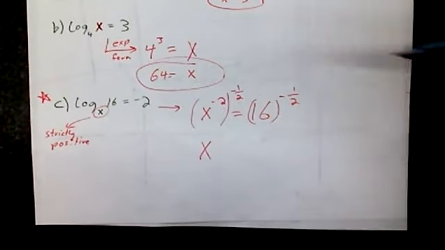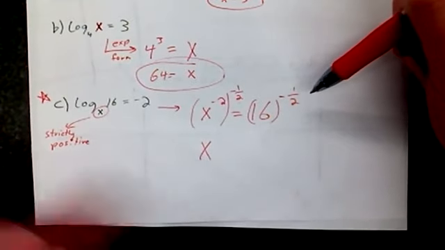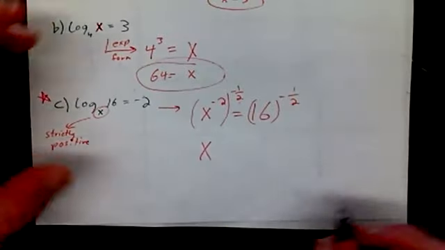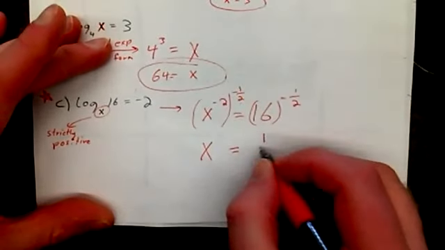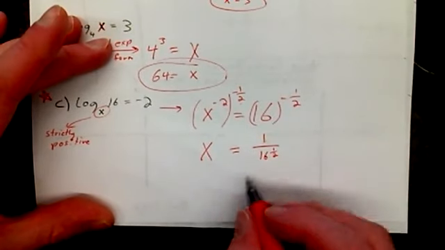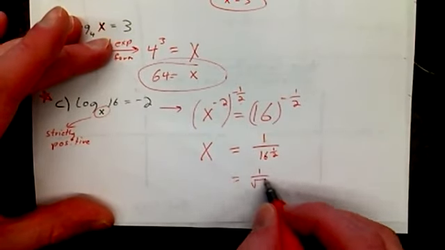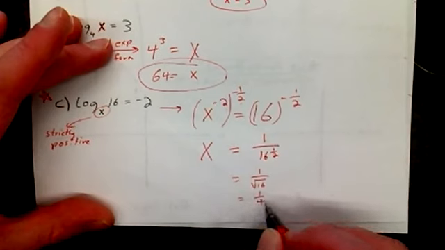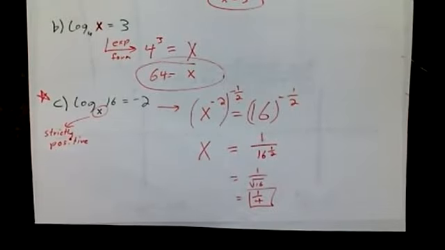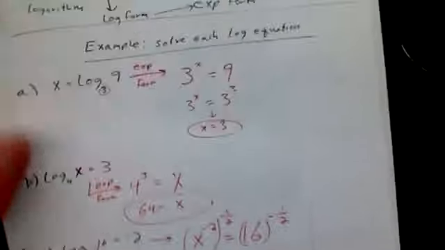Normally we put plus or minus. Here I don't put plus or minus because our answers are strictly positive. So for that reason, I don't have to worry about that. So this is 1 over 16 to the positive 1/2. That, of course, is 1 over root 16, or 1/4. And it's not plus or minus 1/4, it's just positive 1/4 because of our restrictions above.